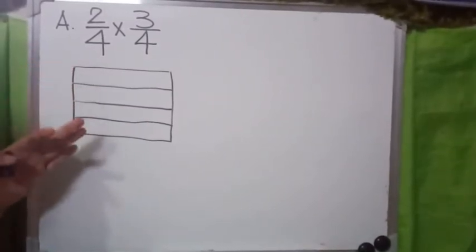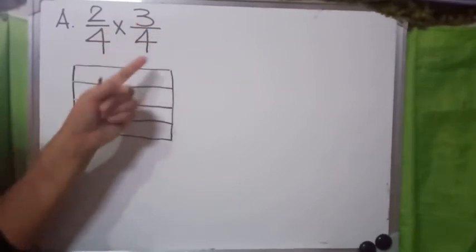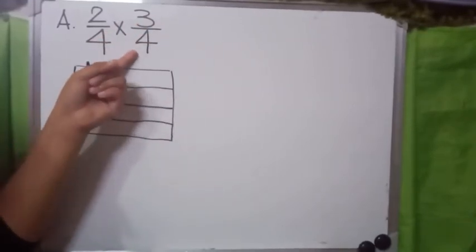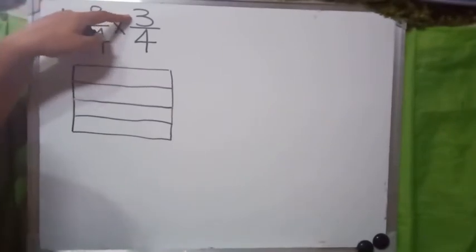Okay. Now that we have cut it into 4 parts, because the denominator of our second fraction is 4, how many is the shaded part? It's our numerator, 3.